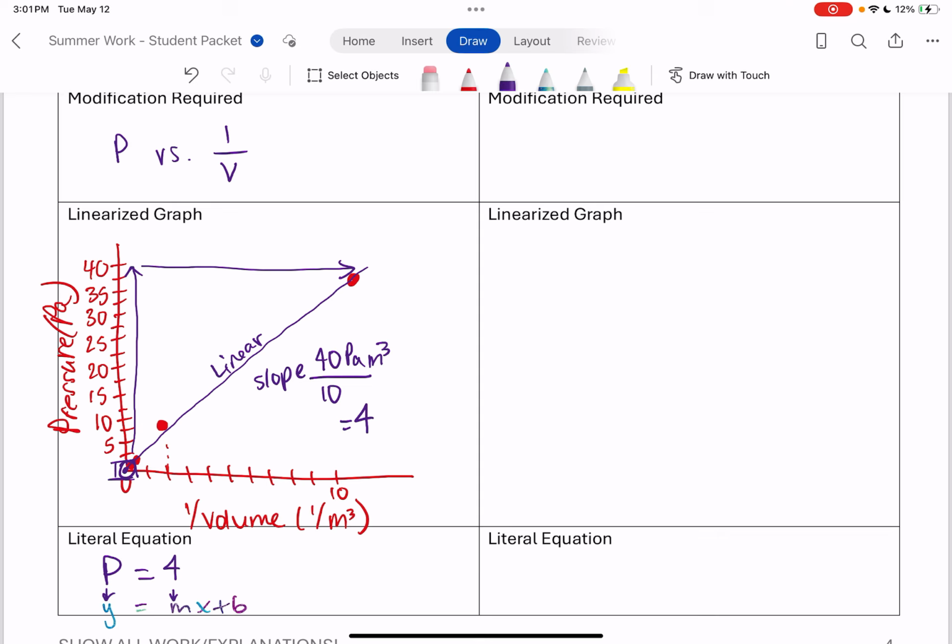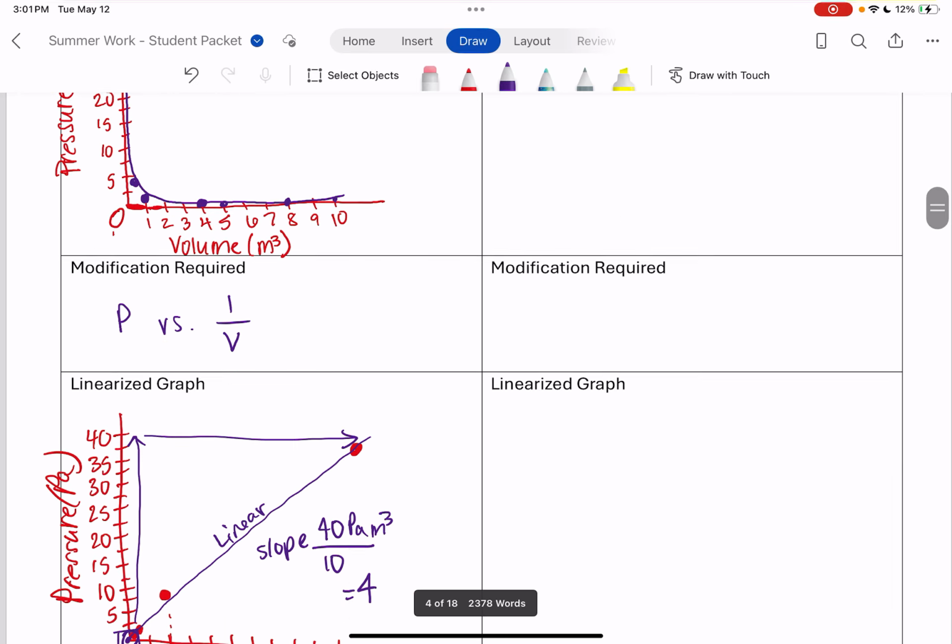And what's on my x-axis? Volume is not on my x-axis. 1 over the volume is on my x-axis. And then plus 0, because my y-intercept, or b, is 0. You don't have to write the 0 there, obviously. You could also write it like P equals 4 over the volume.